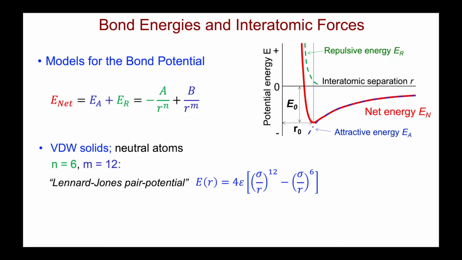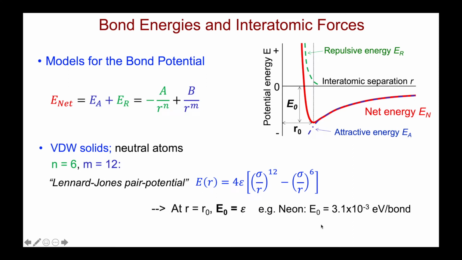A widely used model for this potential curve is the so-called Lennard-Jones pair potential, shown by this equation, where again we see the repulsive term has this exponent of 12, and for the attractive term the exponent is 6. At the equilibrium distance, the bond energy from this potential is equal to epsilon. For example, in neon, this energy is very, very small, 3.1 times 10 to the minus 3 eV per bond.